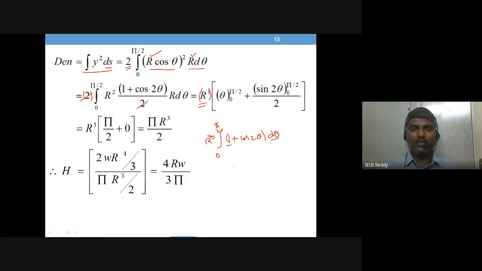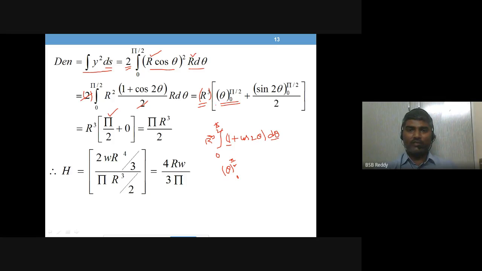The integral of d theta is theta, so apply the limits 0 to pi by 2. That's the first term. Upper limit pi by 2 minus lower limit 0. So the first term value is pi by 2.